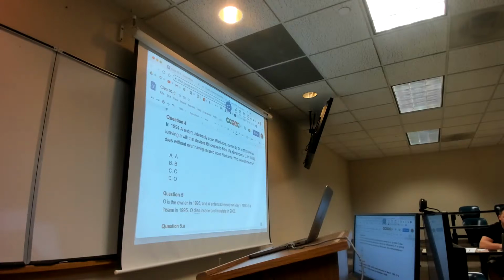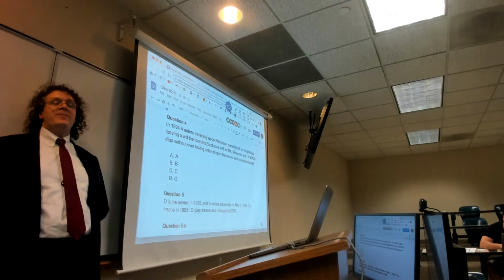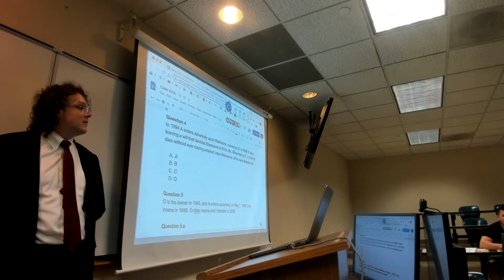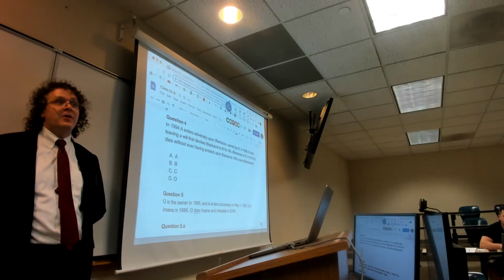Now, Casey, why can't C go against A directly? Is there any relationship between C and A? They're not in privity. Very good, thank you. C cannot sue A. The only relationship that exists is between C and B. C and B have a relationship because he's the future interest.